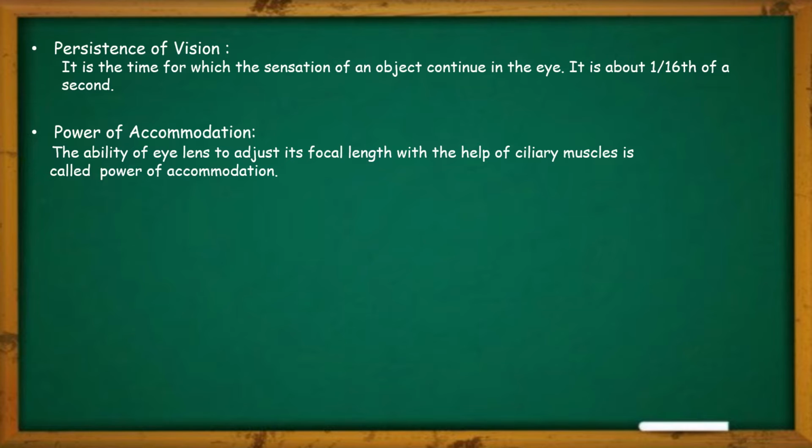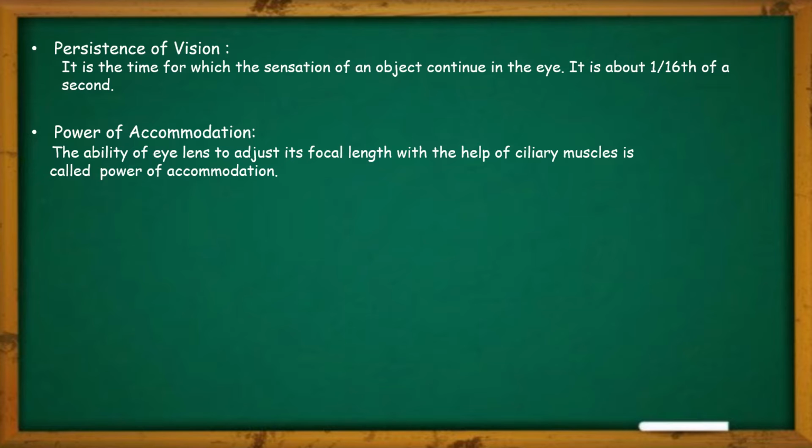With the help of ciliary muscles, our eye lens is auto-adjusting its focus point so that its focus point will always fall on the retina, so that the image of the objects will be created on the retina, so that those things will be visible to us. So this happens just because the focal length of our eye lens will be auto-adjusted.